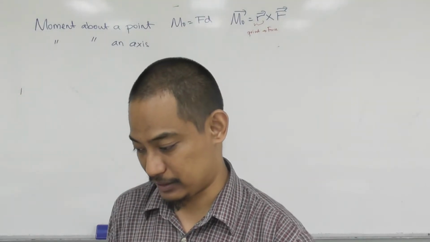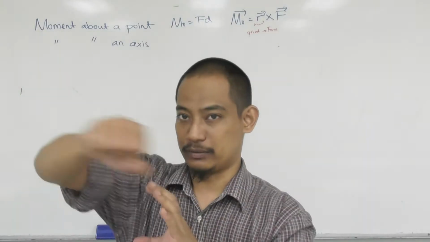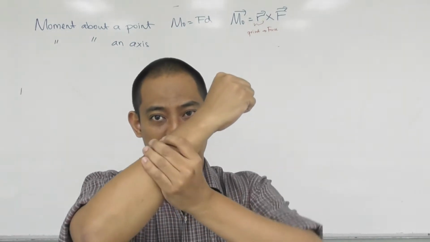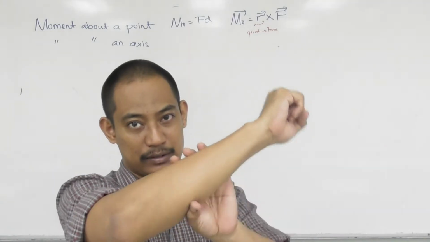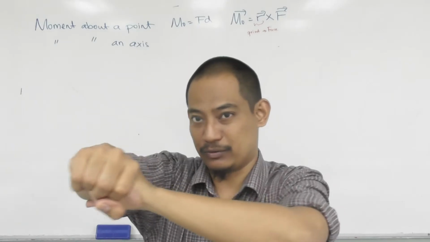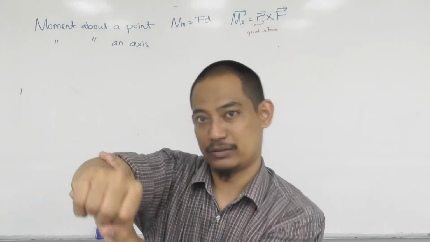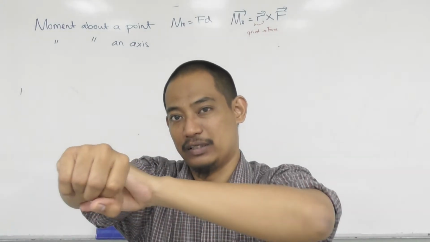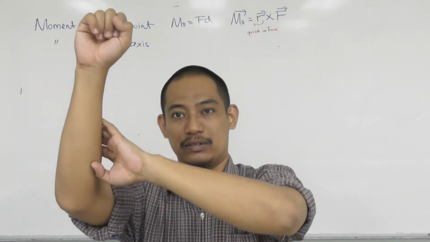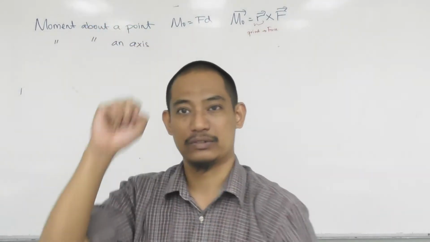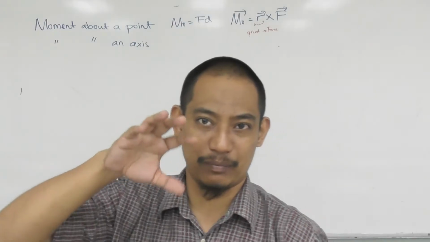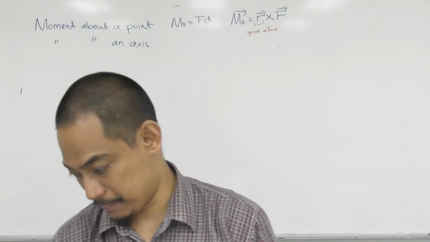If you have a rod like this and some bracket here, it can only rotate about the rod, about this axis. It cannot rotate this way. So that's an example where we want only moment about a specific axis.